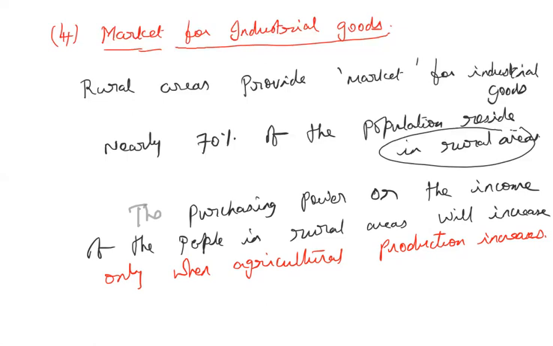Their market for their products is only 30% there, but the remaining 70% of the market, they have to find in the rural areas. So they are forced to increase the purchasing power. They are forced to increase the money income of the rural people. In order to do that, the production in the agricultural sector must increase. Okay, so that is another importance of agriculture in our country.